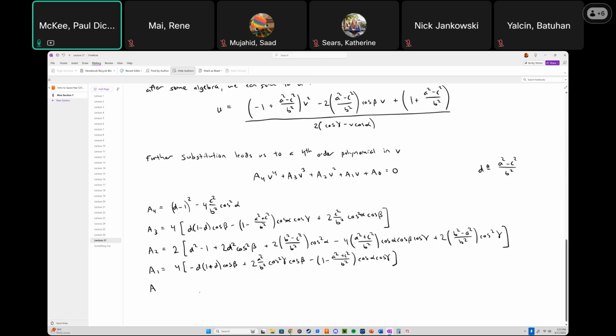And then A0 is (1 minus a squared minus c squared over b squared) all squared, minus 4 a squared over b squared cosine squared of gamma. Okay, there it all is.